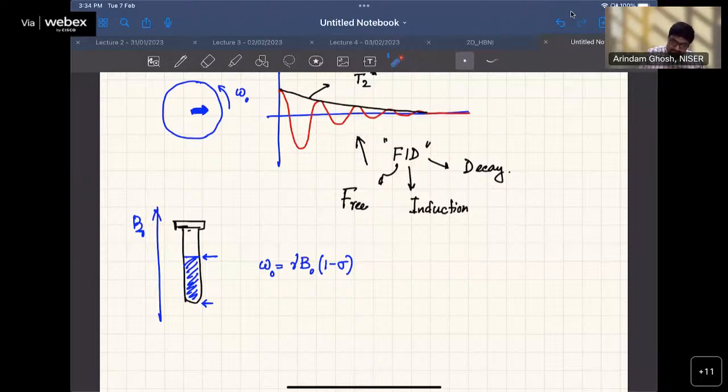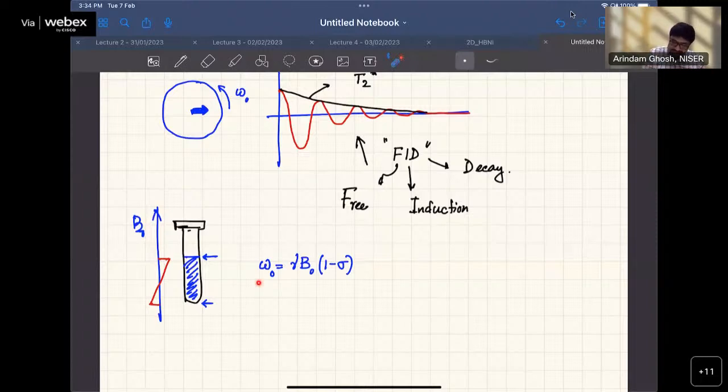So if the B0 is slightly changing from one point to another, suppose the B0 has a little bit of a slope. On top of the original B0, it is slightly more here and slightly less here. So the omega 0, which is the precession frequency, is slowly changing for the molecules at the bottom of the sample tube and the molecules at the top of the sample tube.